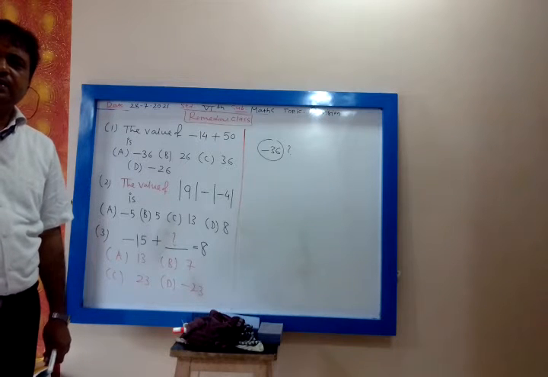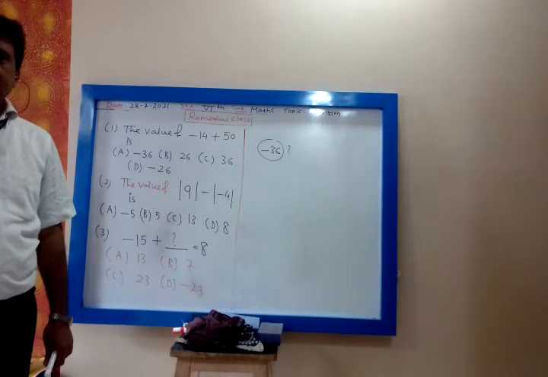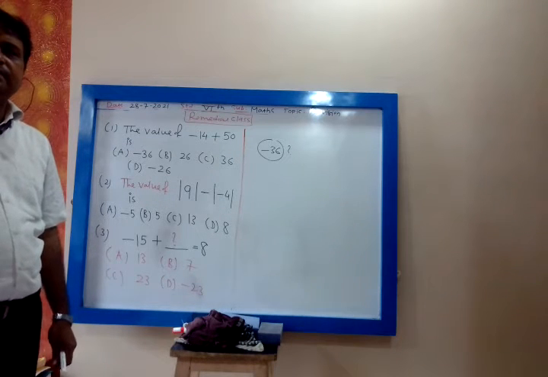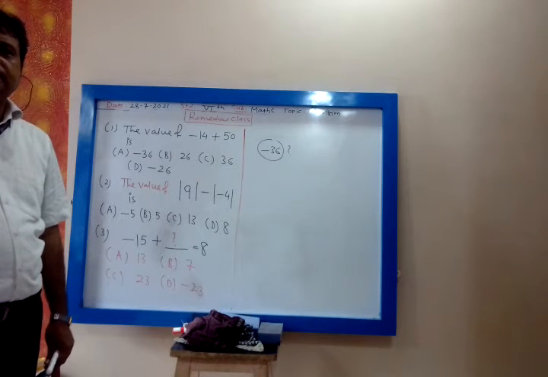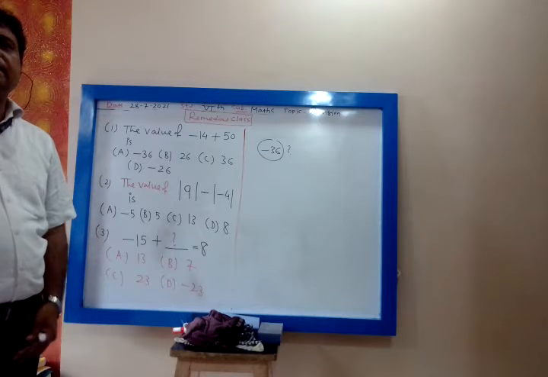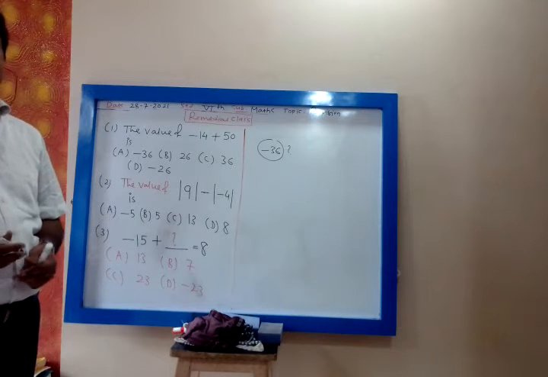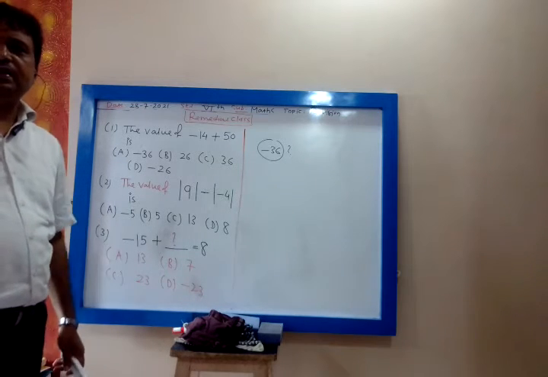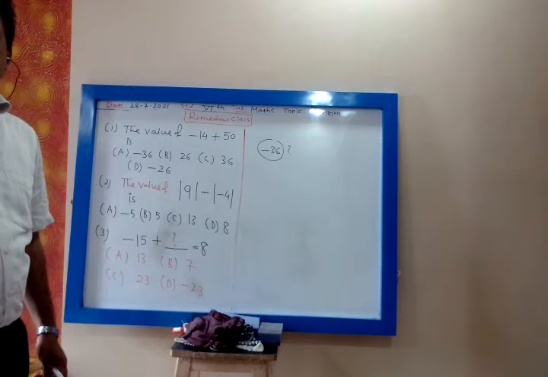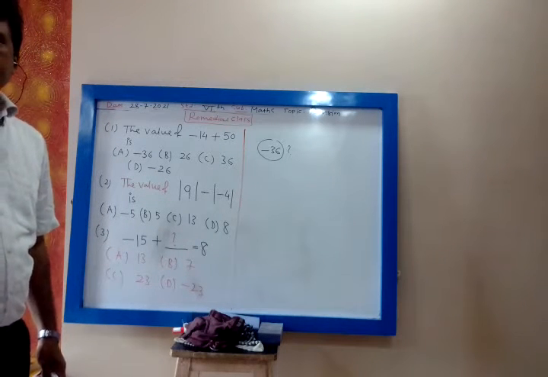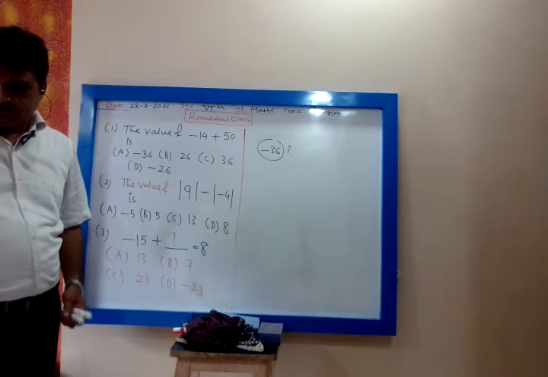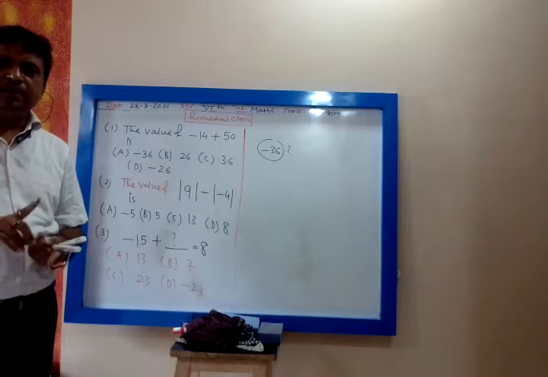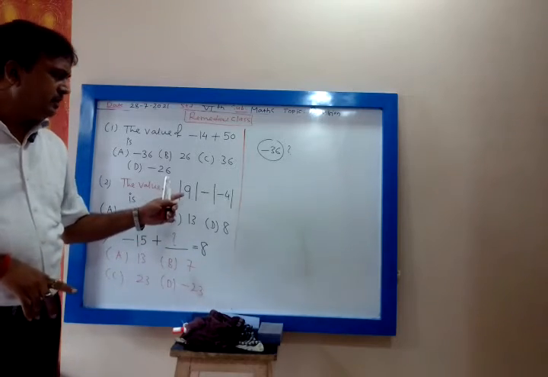B division roll number 30, D division roll number 27, what is your answer? You have joined and you have left. This is just like that. So it is better I should mark. B division 13, what is your answer?